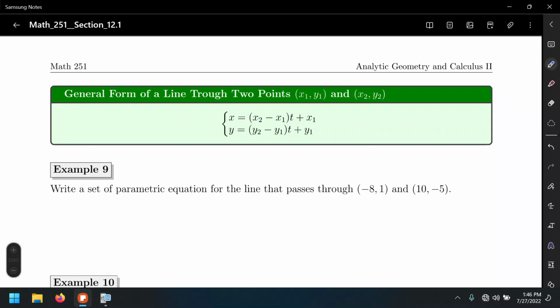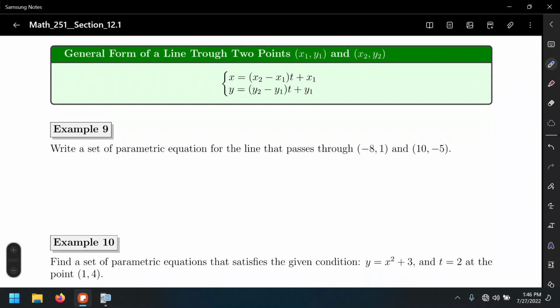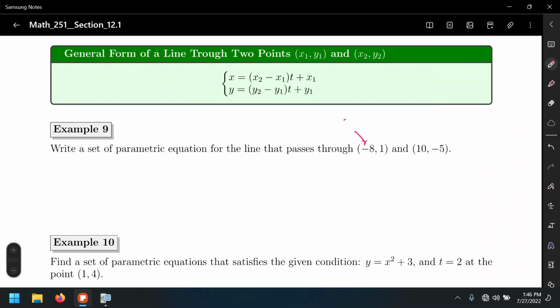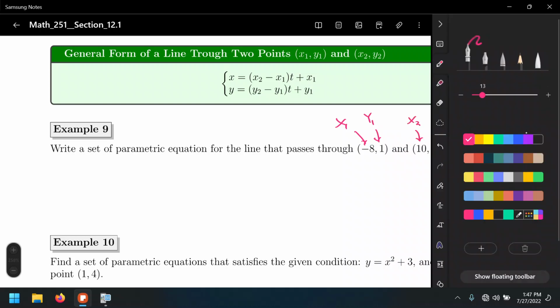Now using the formula in the green box right here, let's find a set of parametric equations that goes through these two points. You might want to label them. This is x1, this is y1, this is x2, and this is y2.